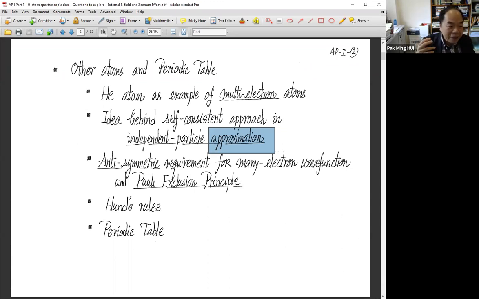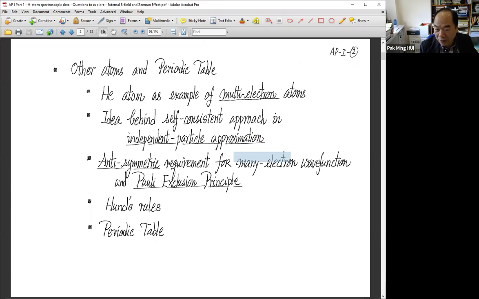So we will discuss the idea. The mathematics is harder, and we will not do much mathematics on that, but I would like to introduce the idea so that if some of you move into more serious quantum chemistry or computational materials science research, you know what these ideas are about. Then we cannot avoid the problem of handling many-electron wave functions.